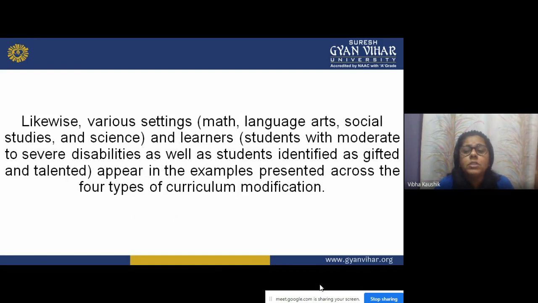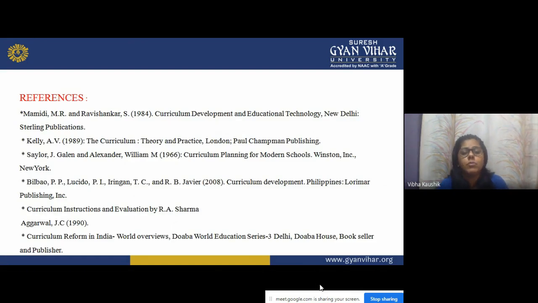Learners, meaning students with moderate to severe disabilities, as well as students identified as gifted and talented, appear in the examples presented across the four types of curriculum modification, and all these examples are presented in such a way that they cross the four types.